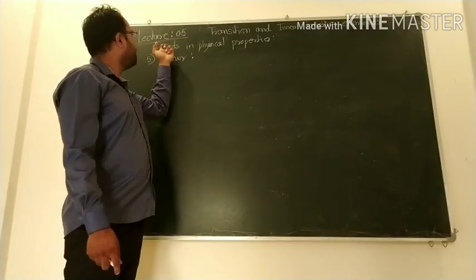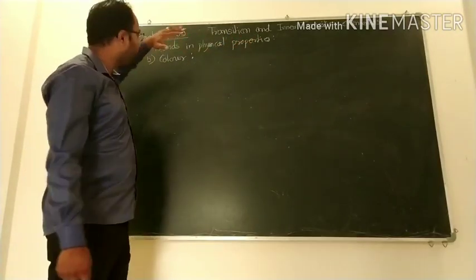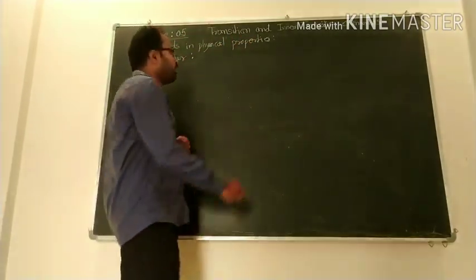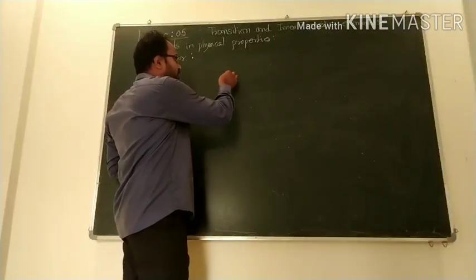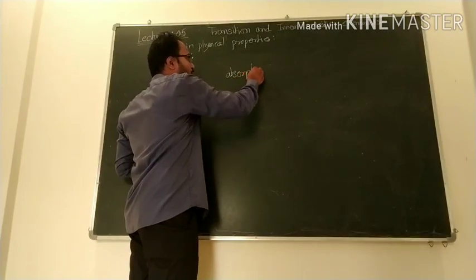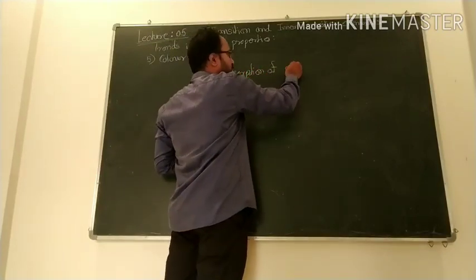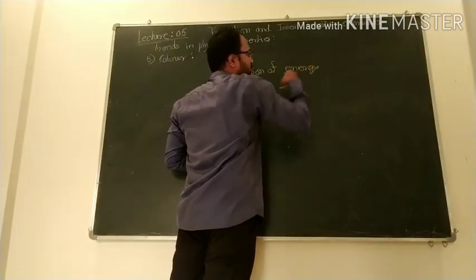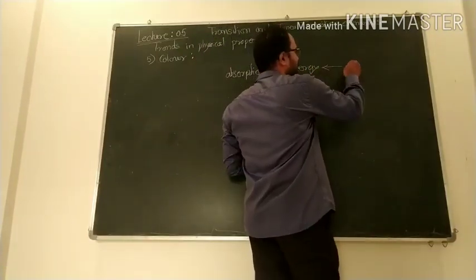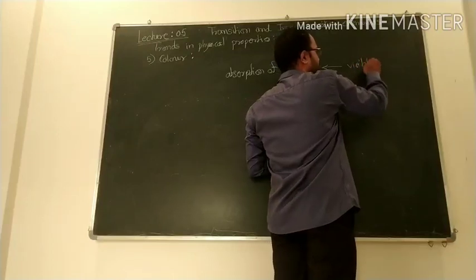Four properties in trends in physical property are done. Now the fifth property is color. This property is very important and it depends upon absorption of energy from visible light.